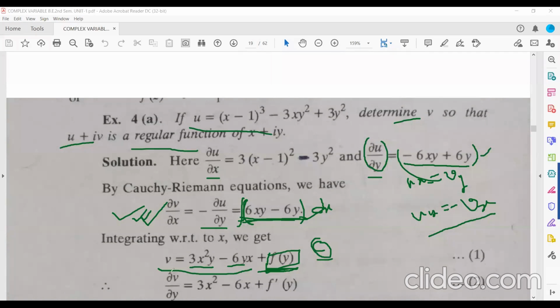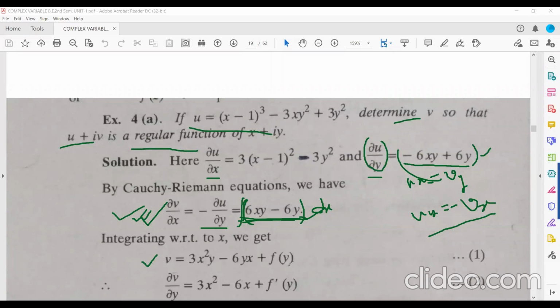Now from this equation, you differentiate this one with respect to y. Why I am differentiating with respect to y, you will get later on.